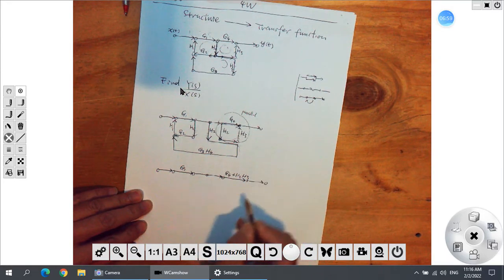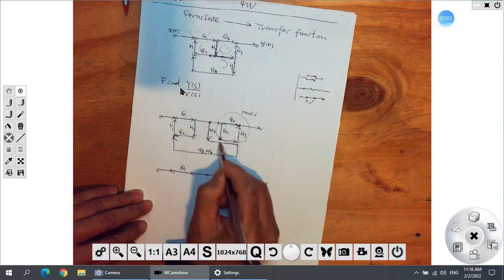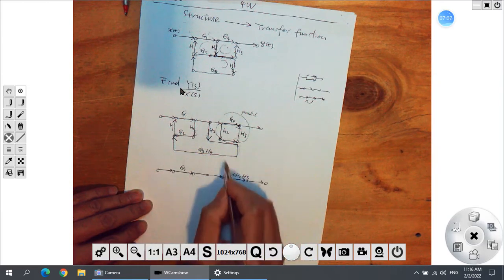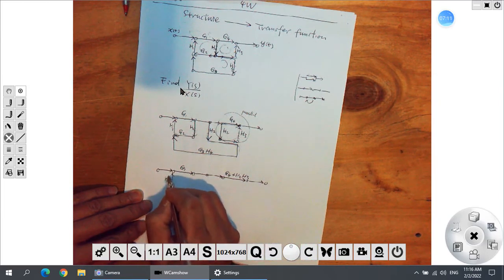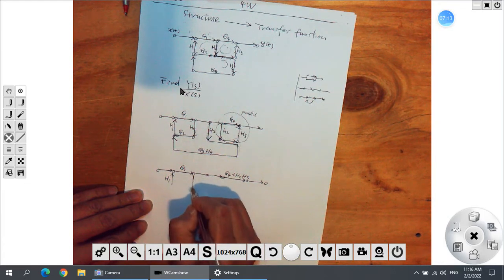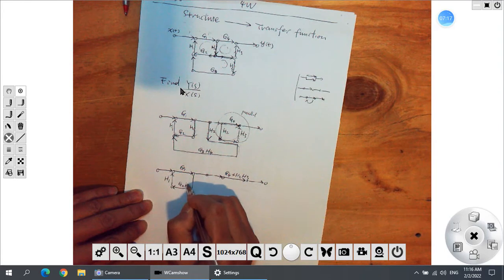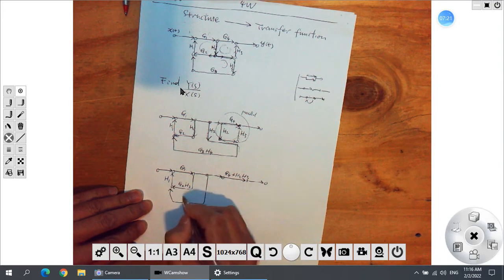Now here's an H1, and this path I have G2 H2, and this path I have H2 G3 H4.